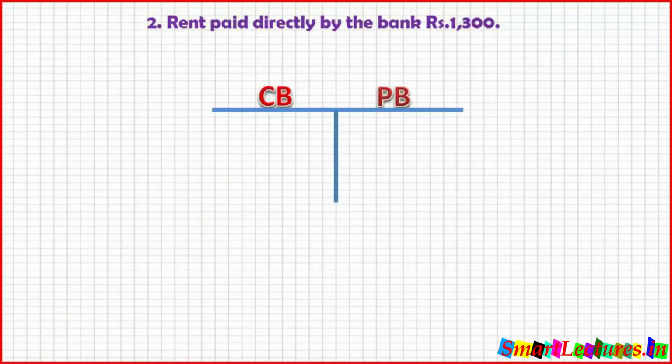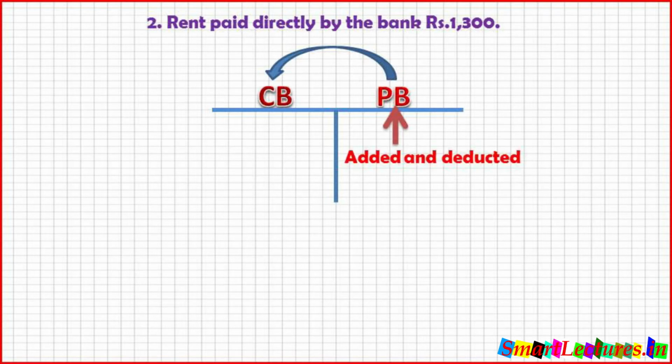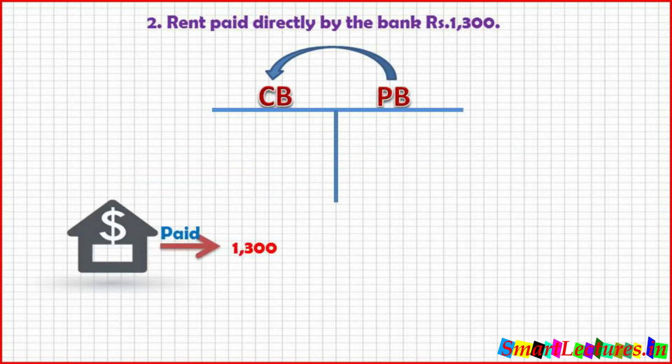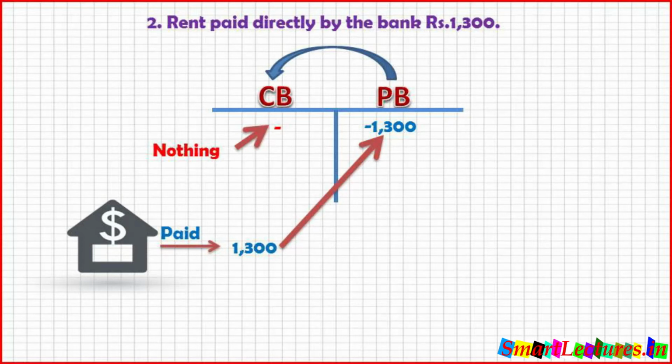Let's make that T graphic. First cash book on the left-hand side, passbook on the right-hand side. But this time the arrow will start from passbook to cash book. Means everything will be added or deducted from passbook to reach the equal balance of cash book. So let's see what actually happened. 1,300 was paid by the bank, so the bank will deduct 1,300 from the passbook. There was minus 1,300 in the passbook and there was nothing in the cash book.